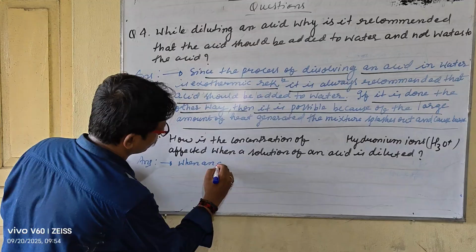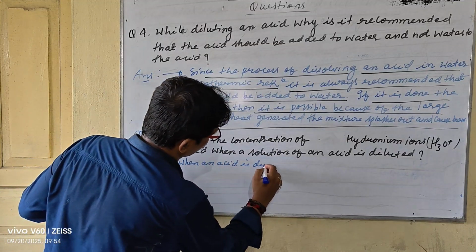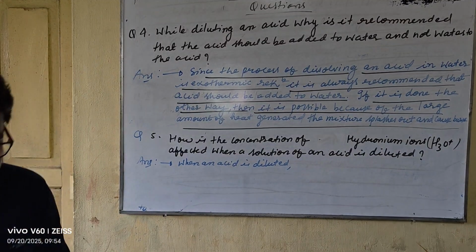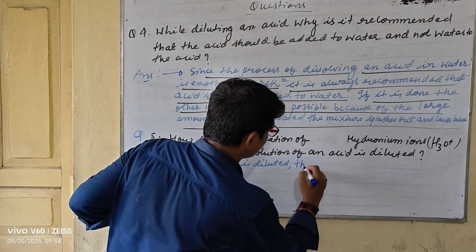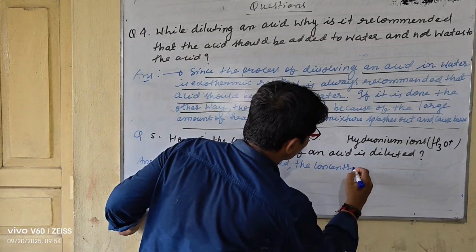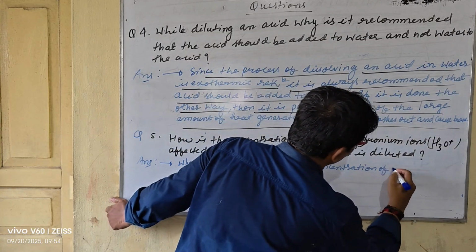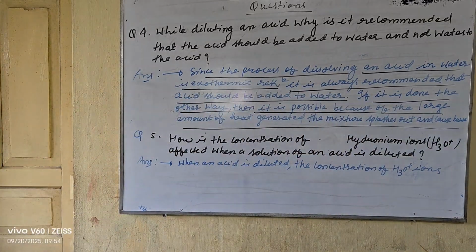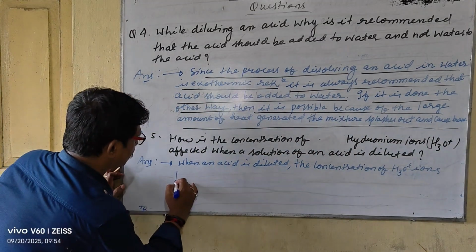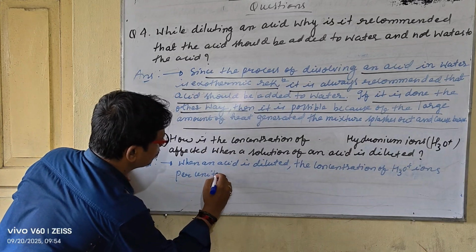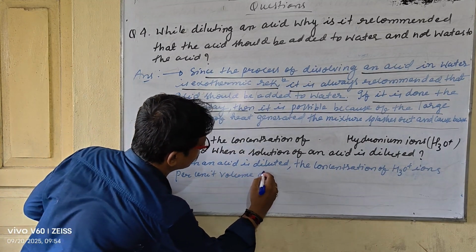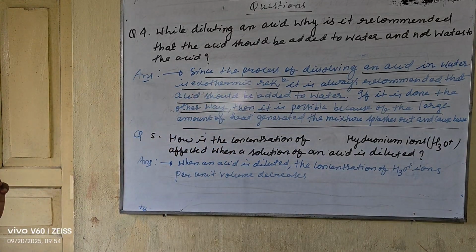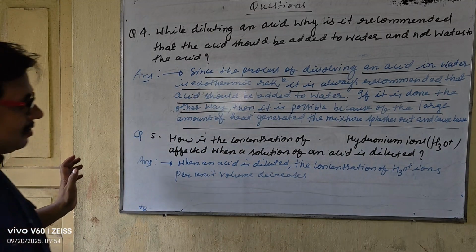When an acid is diluted, the concentration of H3O+ ions, hydronium ions, per unit volume decreases. This means that the strength of the acid decreases.